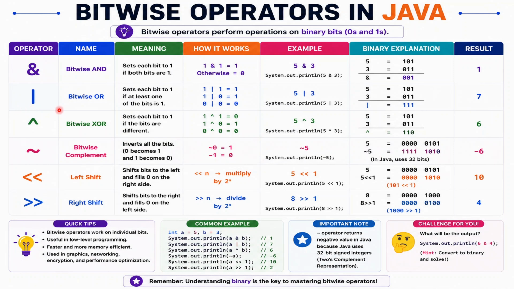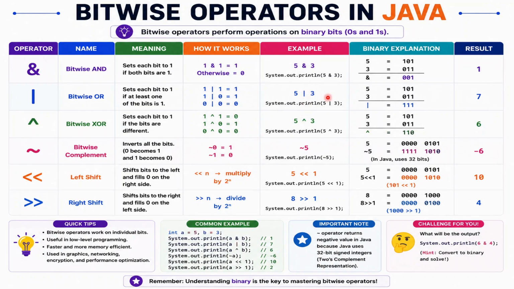Next is the bitwise OR operator. How does it work? In binary numbers, if any of the numbers is 1, for example 1 or 1, 1 is present, so it will give us 1. Next is 1 or 0, 1 is present on the first side, so 1. If 1 is not present in either place, it is 0. It's as simple as that.